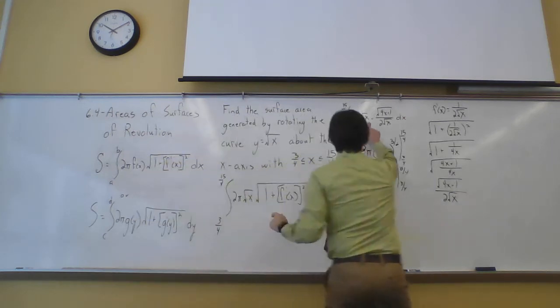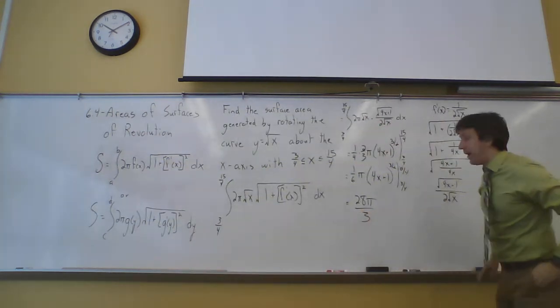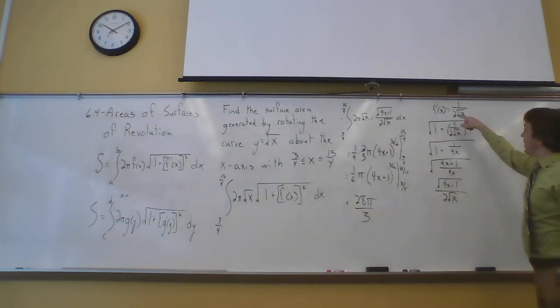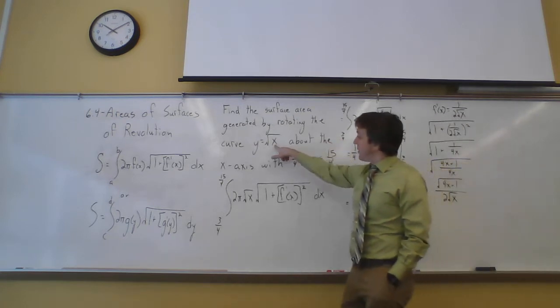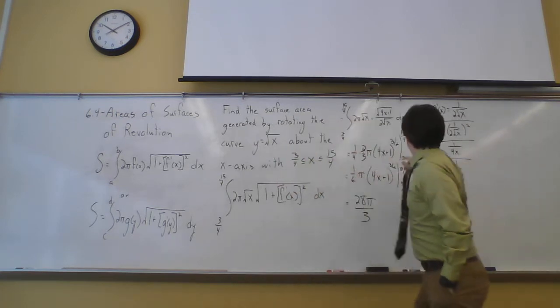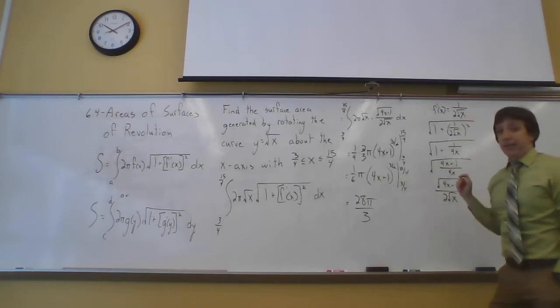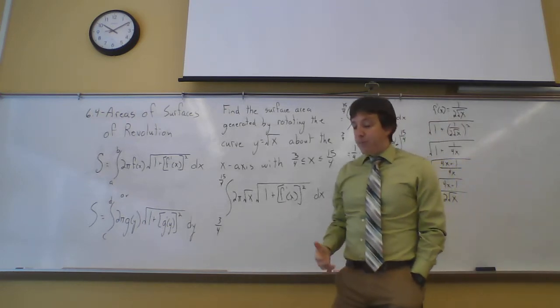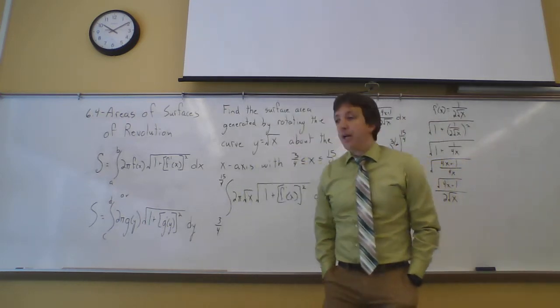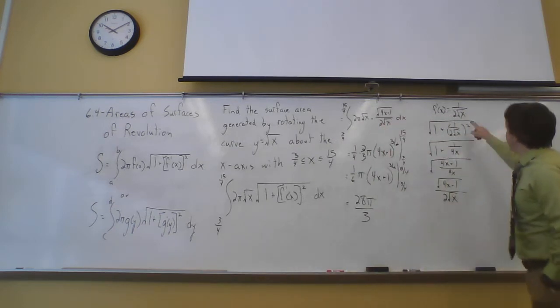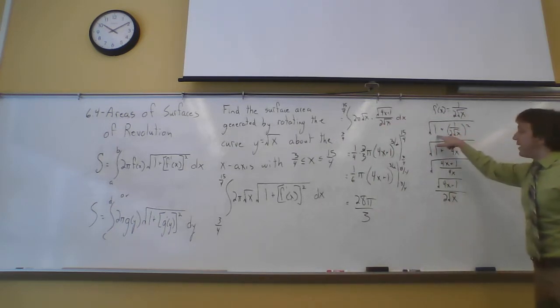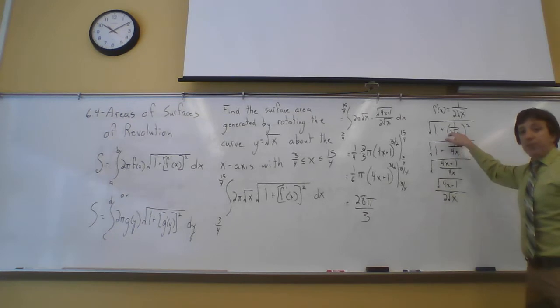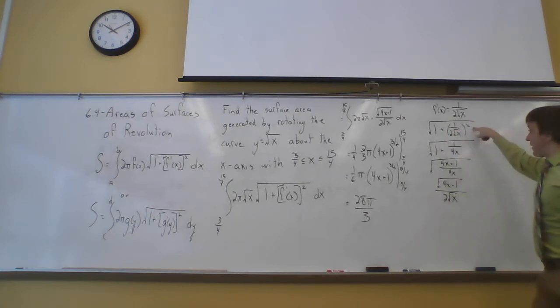Okay, so you can see here I brought the cleaned up version back. Let's take a look at it. The derivative, since this is x to the half power, is 1 over 2 square roots of x. Feel free to check that, but I promise that's what it is. And so I need to simplify this square root of 1 plus 1 over 2 square roots of x, squared.